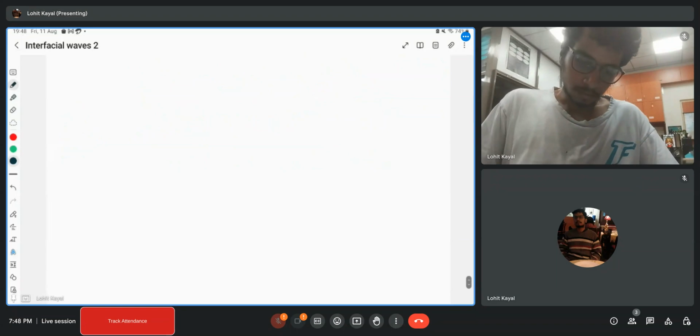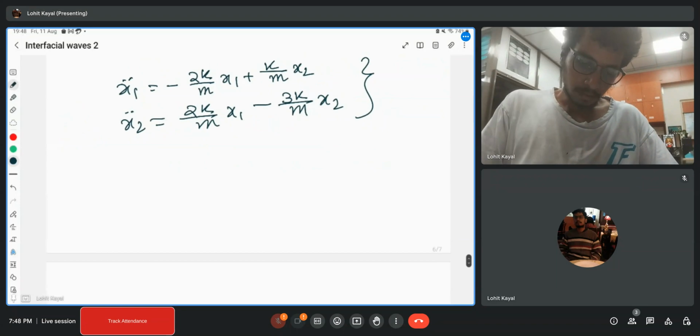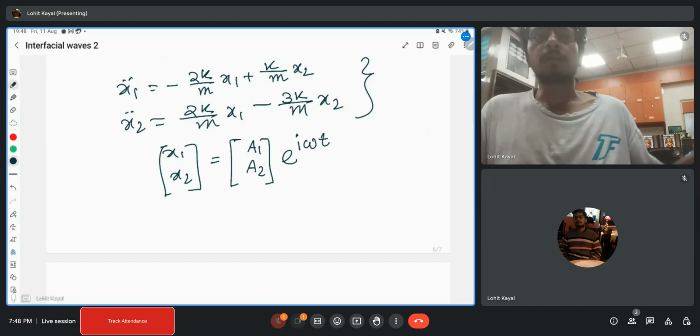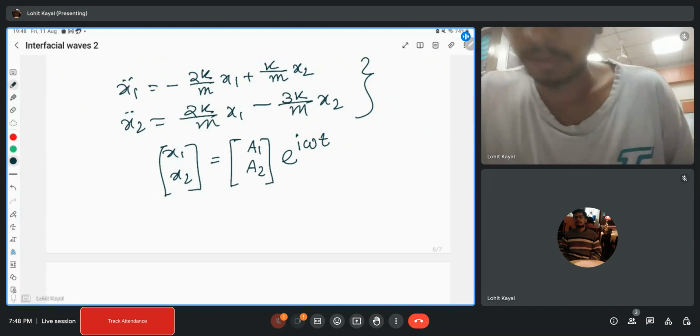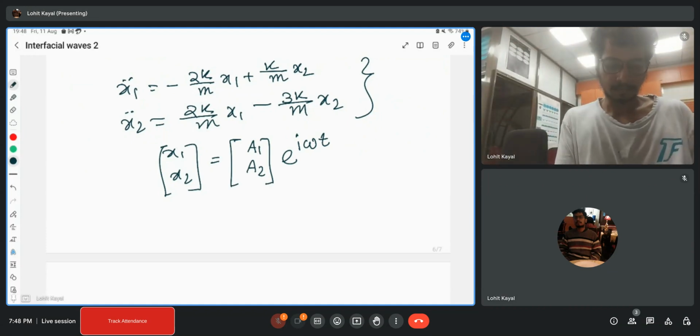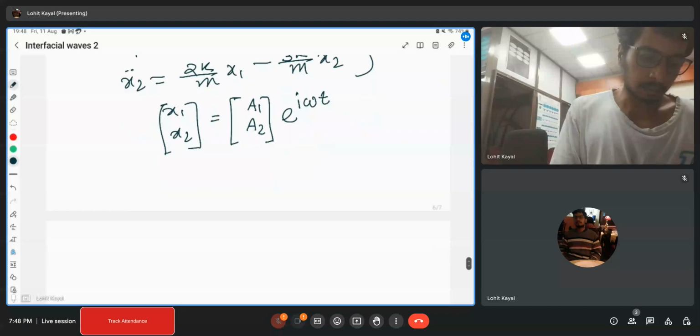Okay, so x1, x2 will be driven by e to the i omega t. Now if you just substitute it, I am directly writing down the matrix.